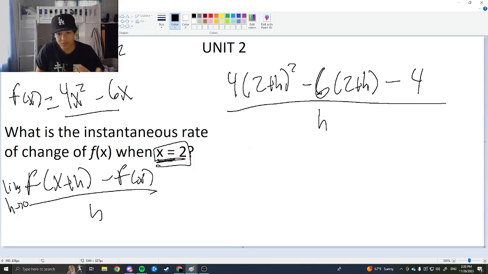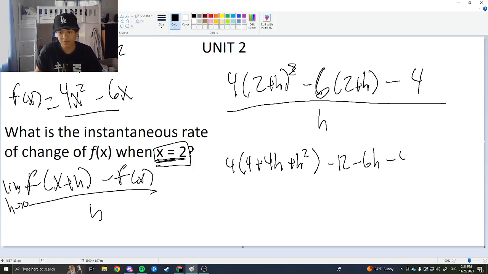Okay, let's simplify this out. First thing, PEMDAS, you do the exponent. So you get 4 times (4 plus 4h plus h squared) minus, we can multiply this out, 12 minus 6h minus 4, all over h.